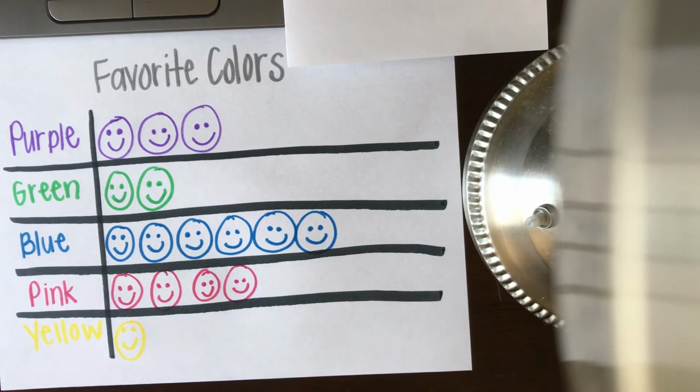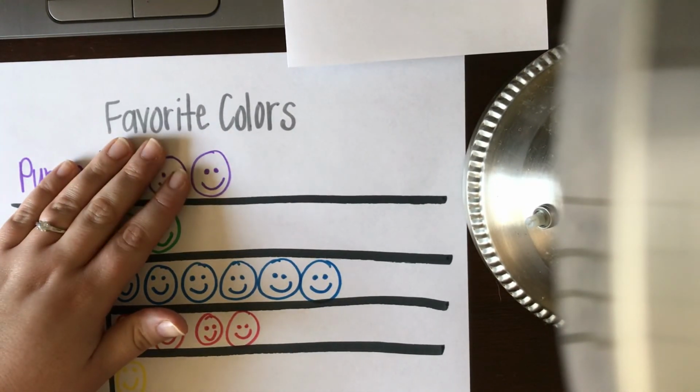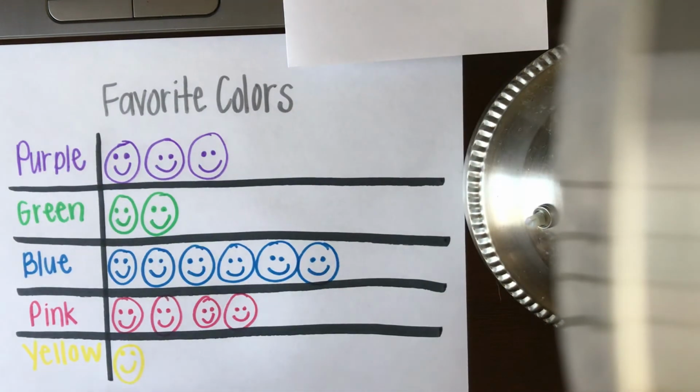That is why it's important that we label our graphs, and we understand that the data that is collected is data that was taken in a survey by different people. All right, no charts should be the exact same if you are doing your own survey and someone else is doing their own survey.